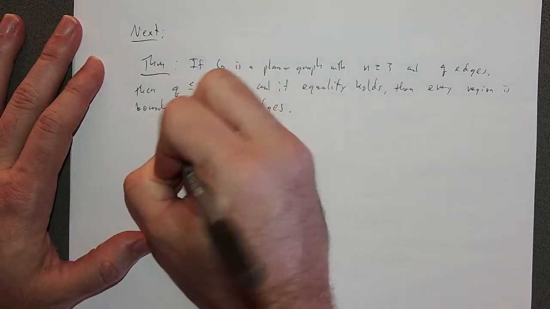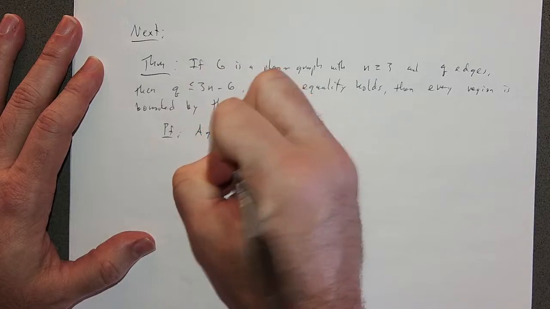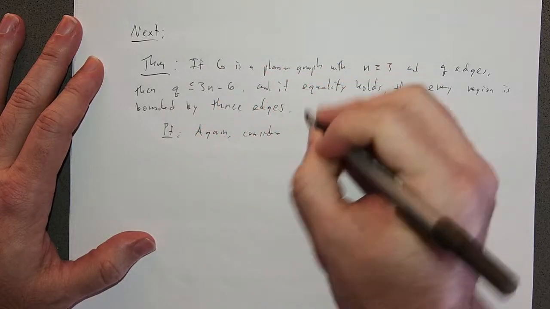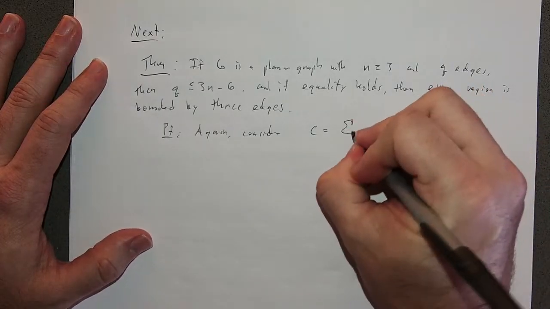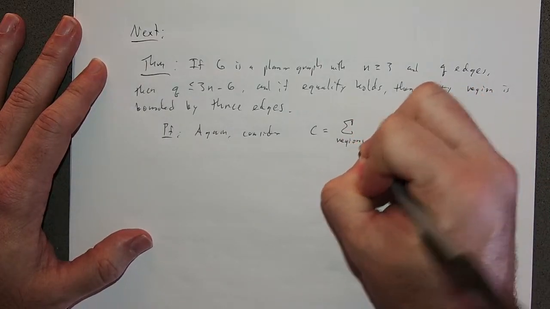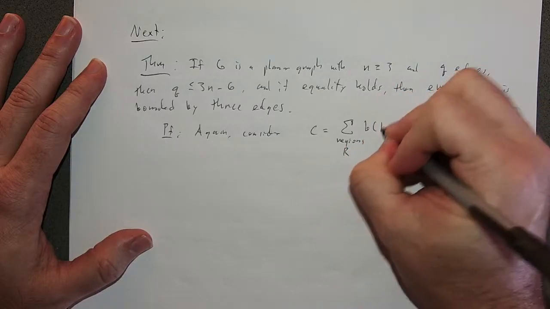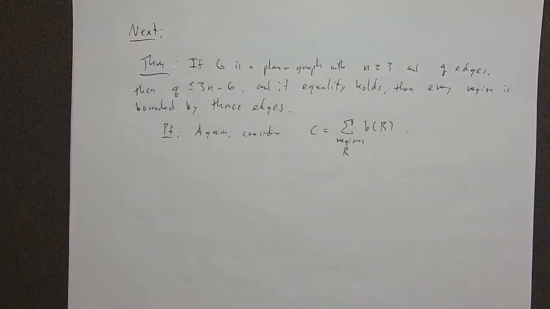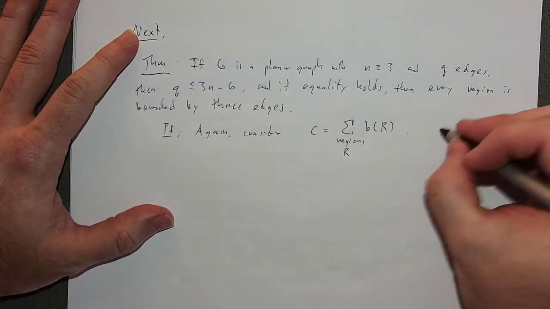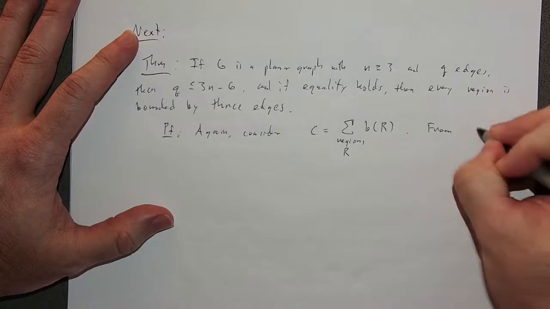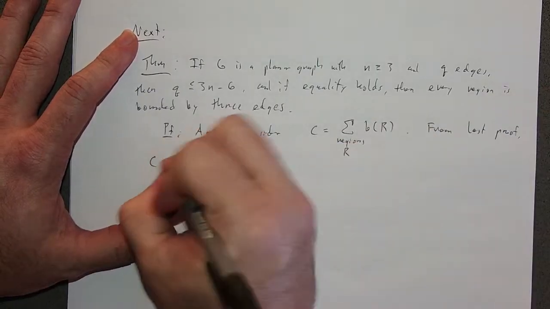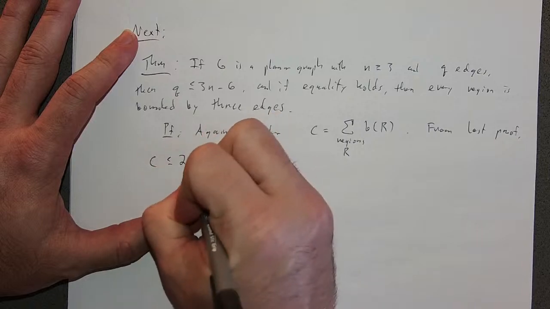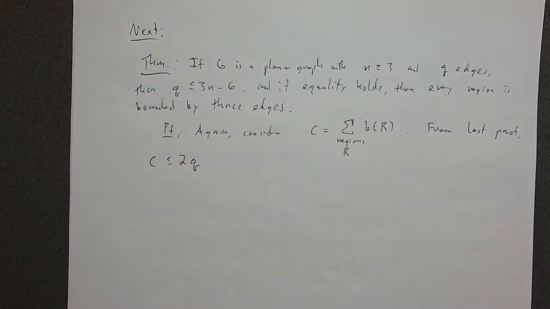So, quick proof here. Again, consider the sum over the regions of their bound degrees. So I'm summing the bound degrees here. For the same reason as last time, from the last proof, same reasoning, nothing else needs to be assumed, C is always less than or equal to 2 times the number of edges.